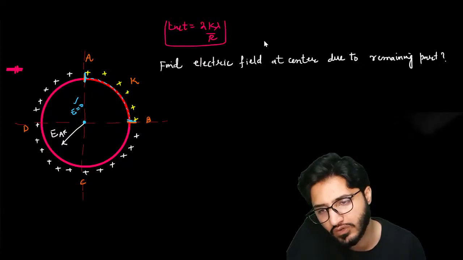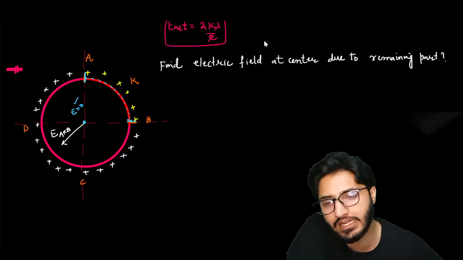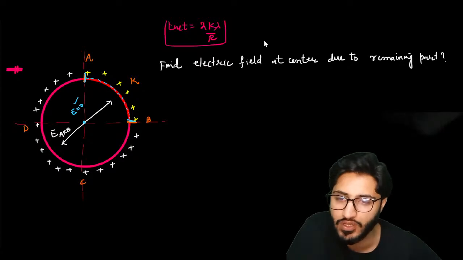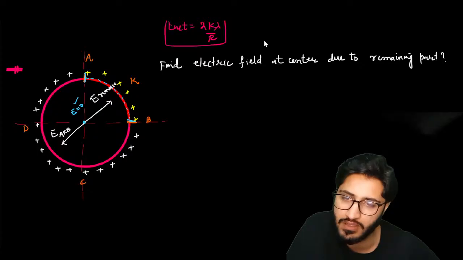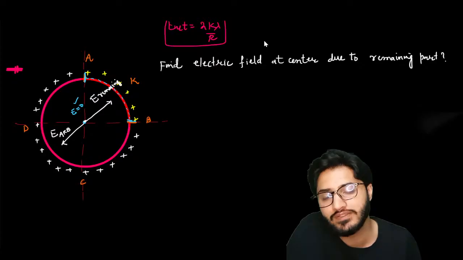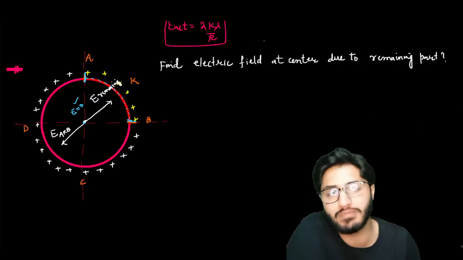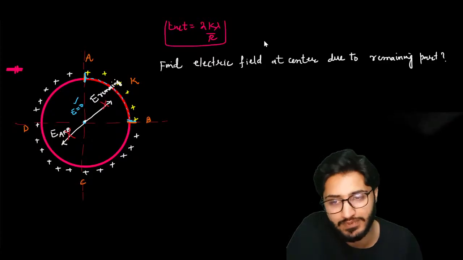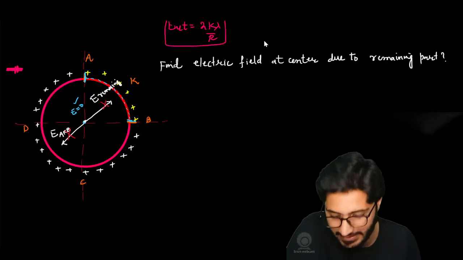Why? Because it is a quadrant. If we want to cancel out the electric field of AKB, we need to have the same electric field in the opposite way. So this would be E due to remaining. If we want the net electric field here to be 0, that simply indicates the values of AKB and E remaining would be the same, then only we will get 0 at the center.